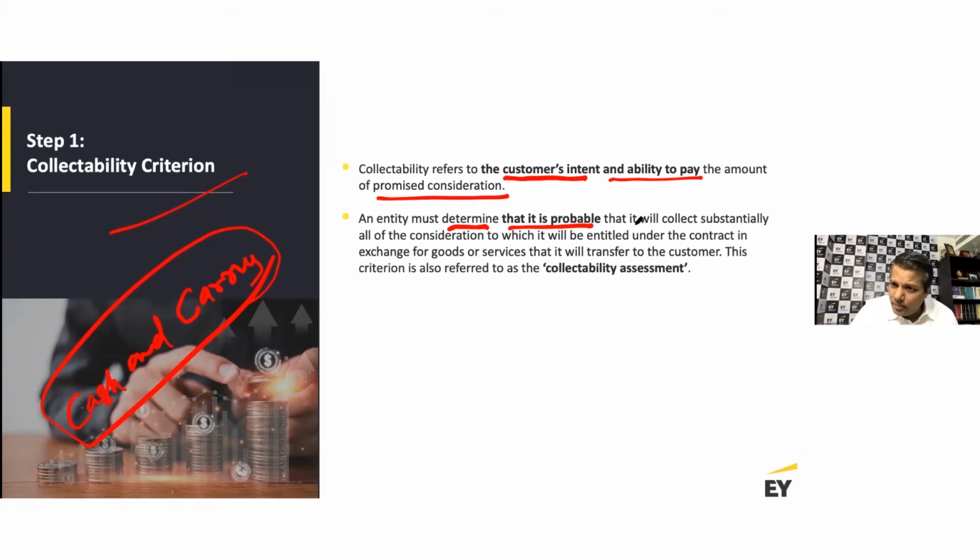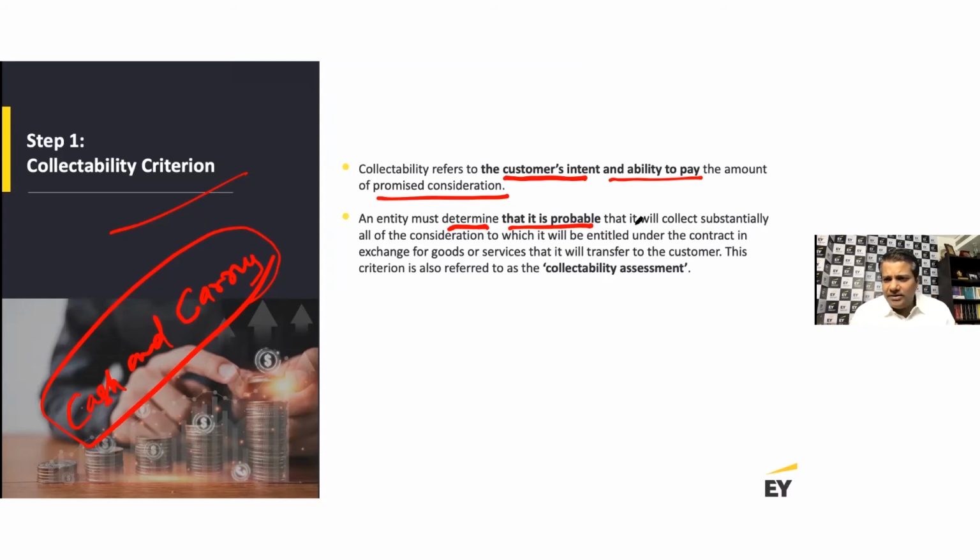The term probable has been defined in Ind AS 37 to mean more likely than not, so a more than 50% threshold that you are likely to collect. The term reasonably assured has been replaced with the term probable, that it is more likely than not that you will be able to collect the consideration you are entitled to, either for the sale of goods or for the rendering of services.